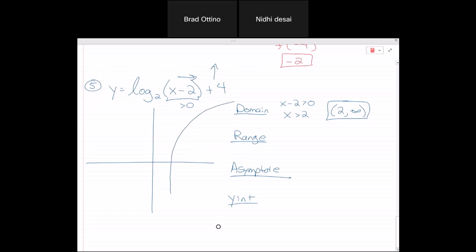Usually the asymptote is at 0, but if you move the whole graph to the right 2, now the asymptote's going to be at 2. So we're going to say the asymptote is when x is equal to 2. We know that the range of log graphs goes from -infinity to infinity.